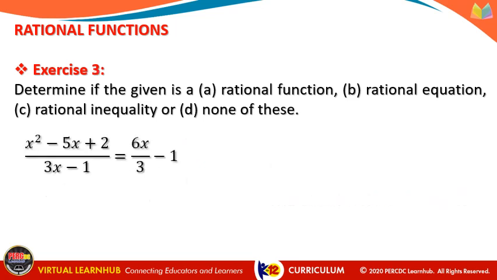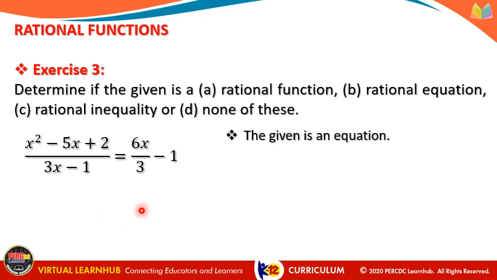Let's now go to the third exercise. So you have x squared minus 5x plus 2 divided by 3x minus 1. That is equal to 6x over 3 minus 1. Well, as you can see, you have two expressions, equal sign yung nasa gitna. Therefore, what we have is an equation. So binigyan tayo ng equality. Alright.